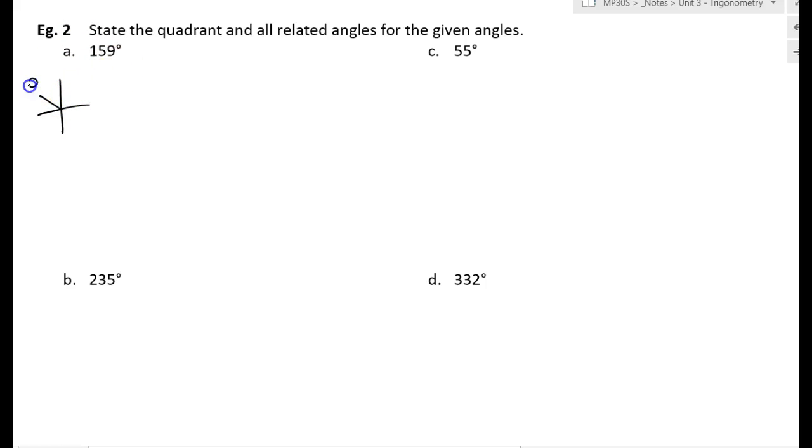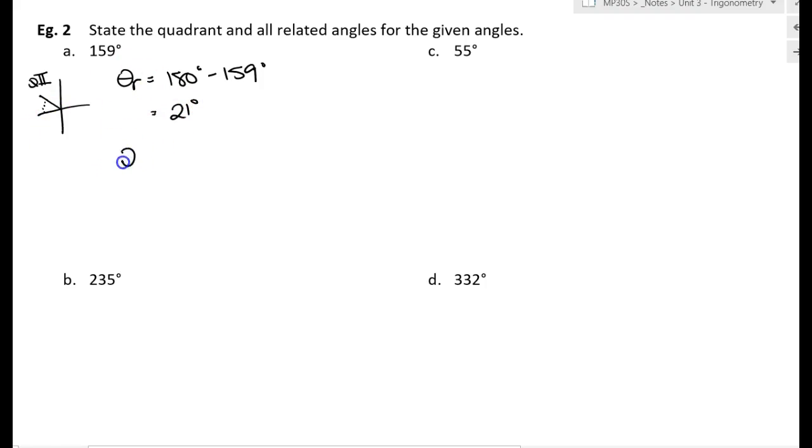But that's just to help me kind of picture what's going on. So my reference angle is going to be my first related angle that I always find. So I need to figure out how to get to 180. So 180 minus 159, which is going to be 21 degrees. So that's my reference angle.